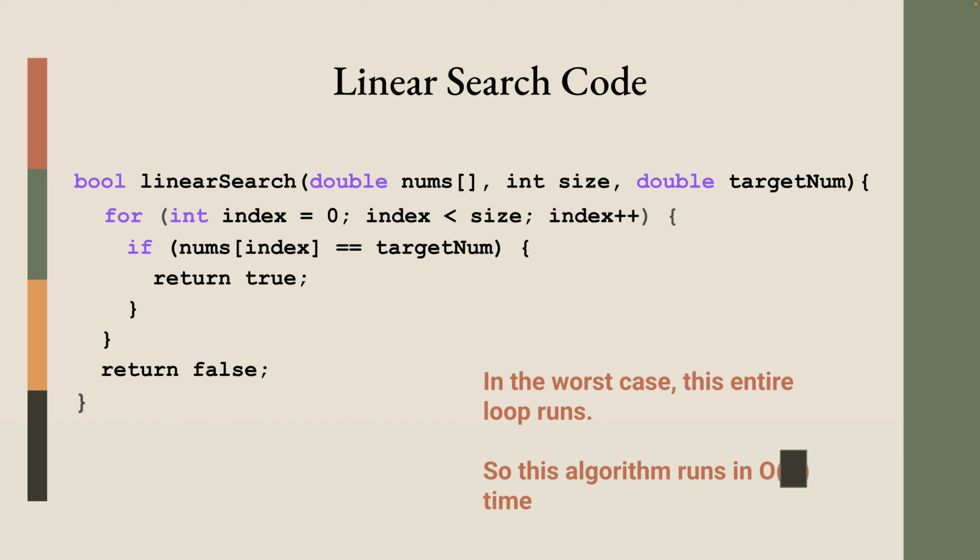At the very end of the array, at index n minus 1. So how many times will this loop run in the worst case? It'll run n times. If there are n elements in this array, in the worst case this is going to run n times. So what is our big O notation? O of n.